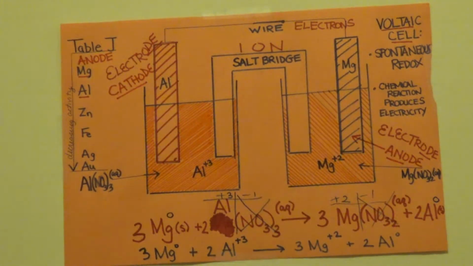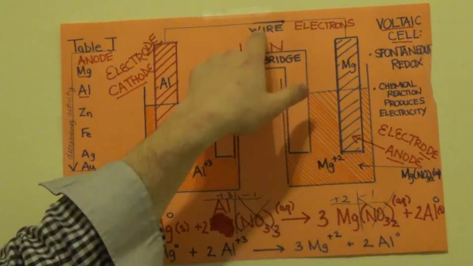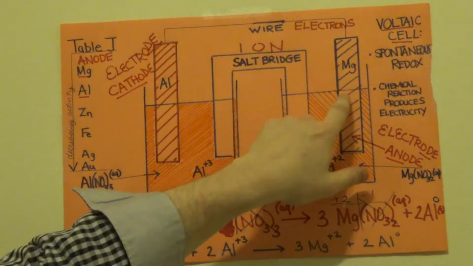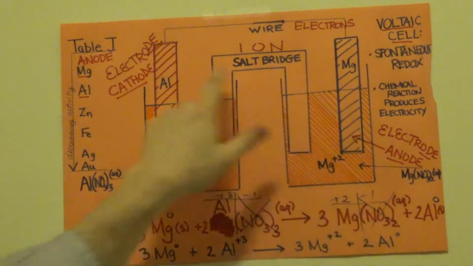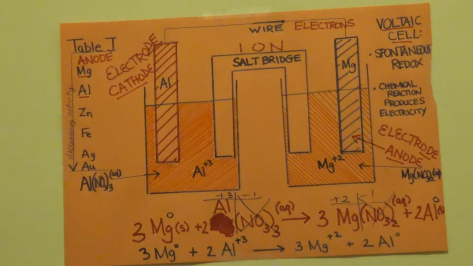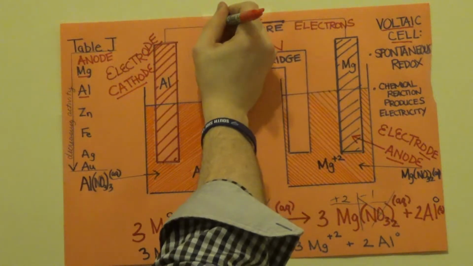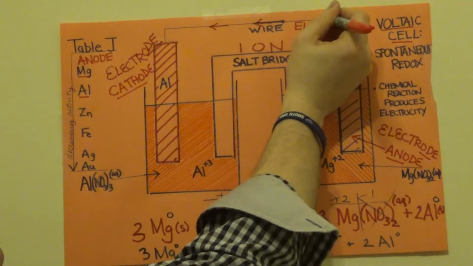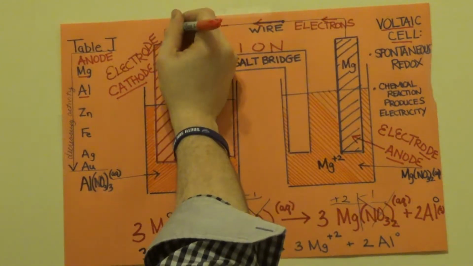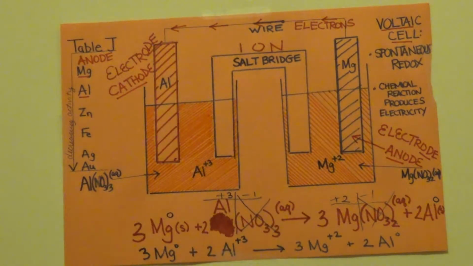As I said, electrons are going to flow through the wire from the more reactive metal, the anode, to the less reactive metal, the cathode. So electrons flow like so, in this direction through the wire. It's very important that you specify it's through the wire and not through the salt bridge.